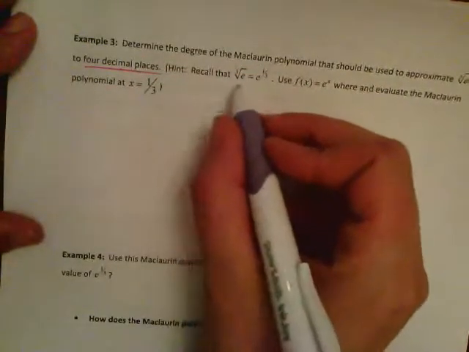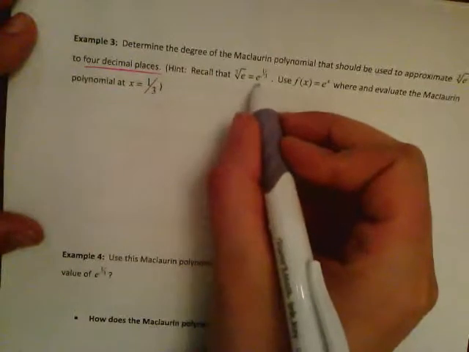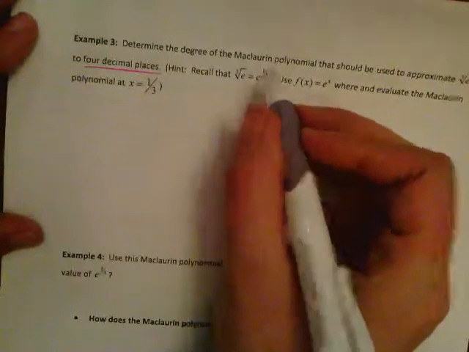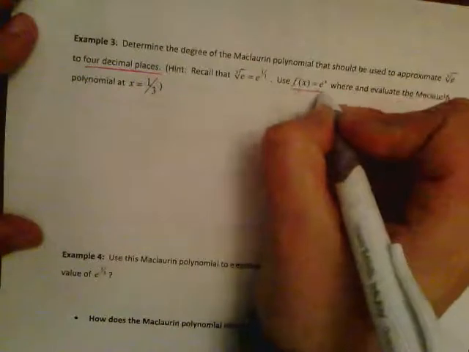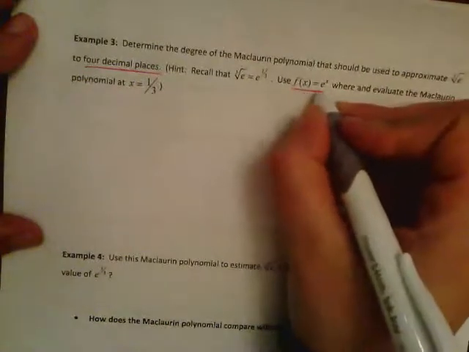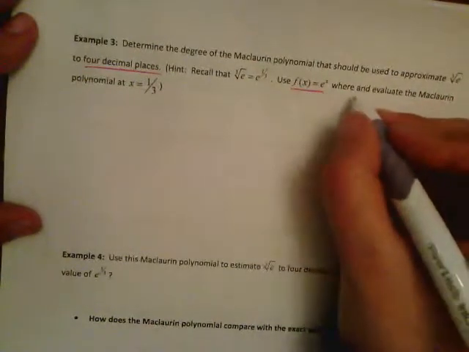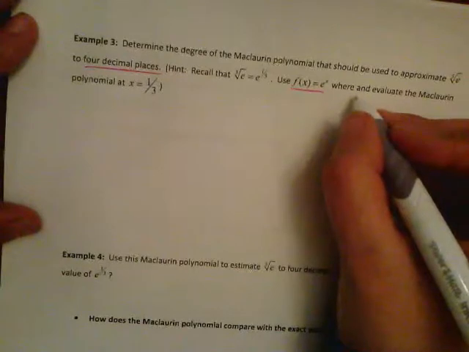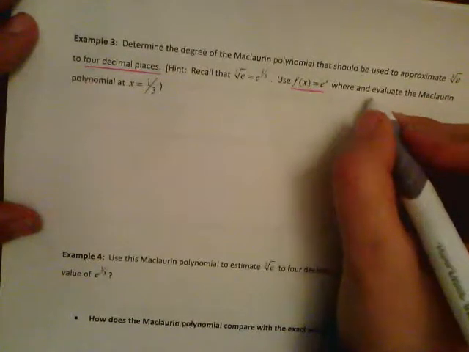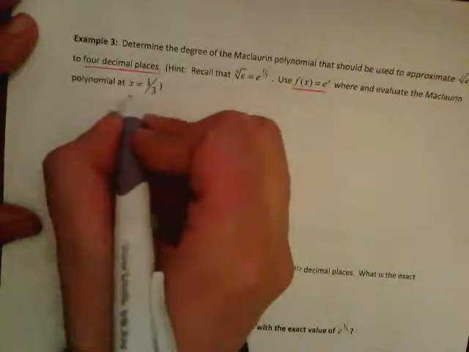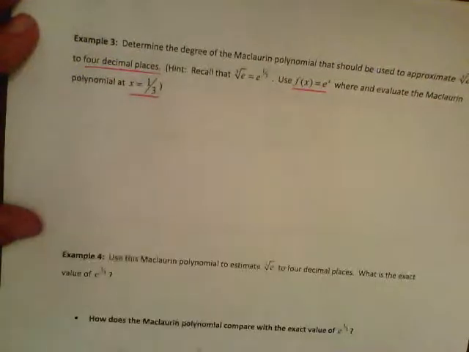So recall that the cube root of e is the same thing as saying e to the 1/3. So we're going to basically use the function f of x equals e to the x to evaluate the Maclaurin polynomial at x equals 1/3.